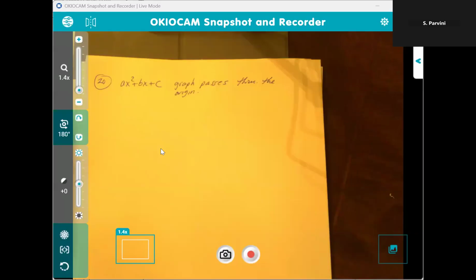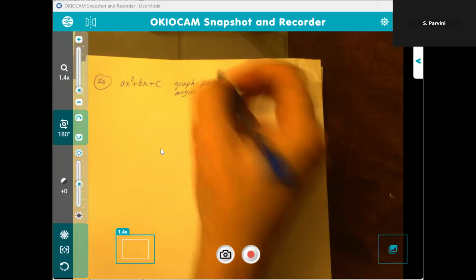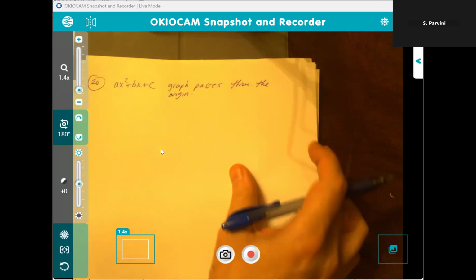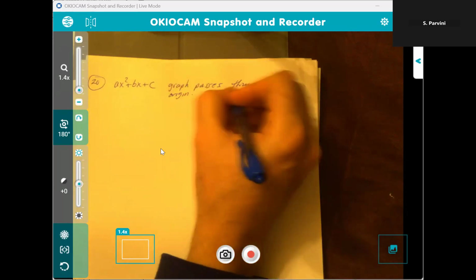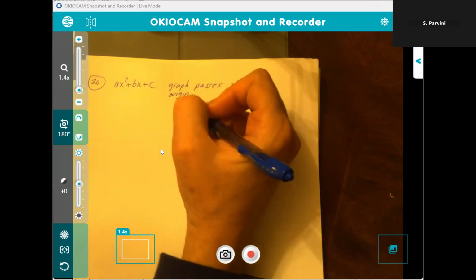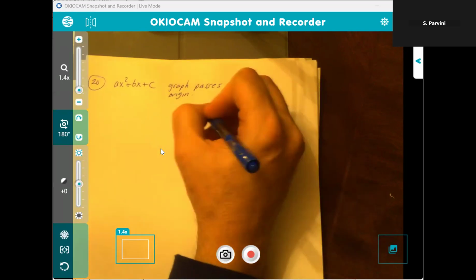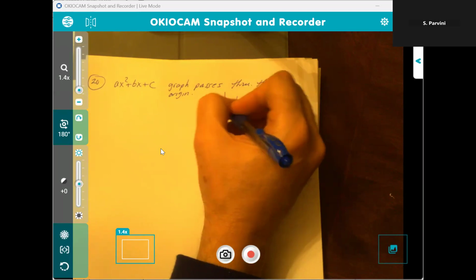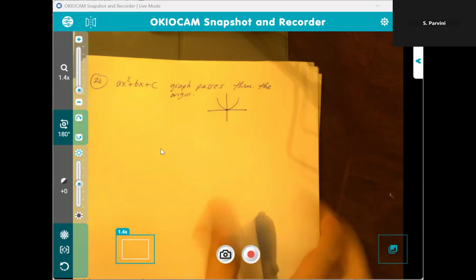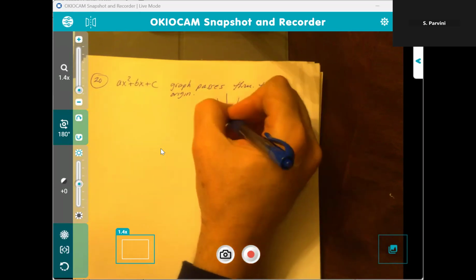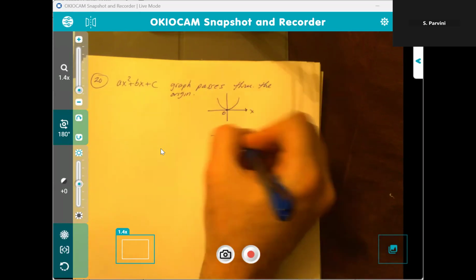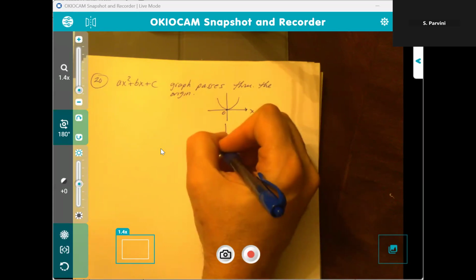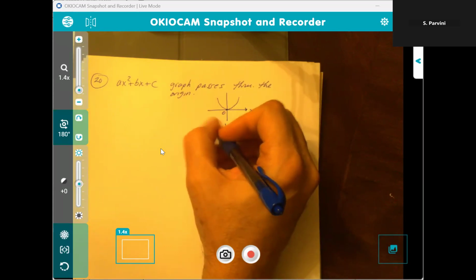Okay, now here the key is the way they've described this quadratic function. If the graph passes through the origin, so here's one, the graph passes through the origin, right? Here's another one, the graph passes through the origin.